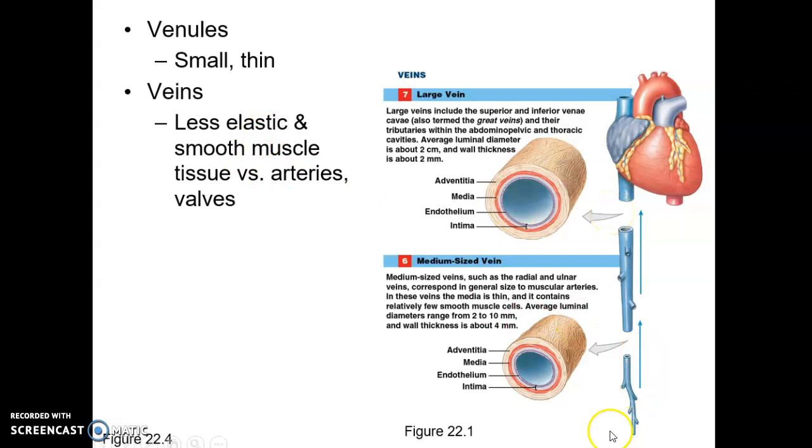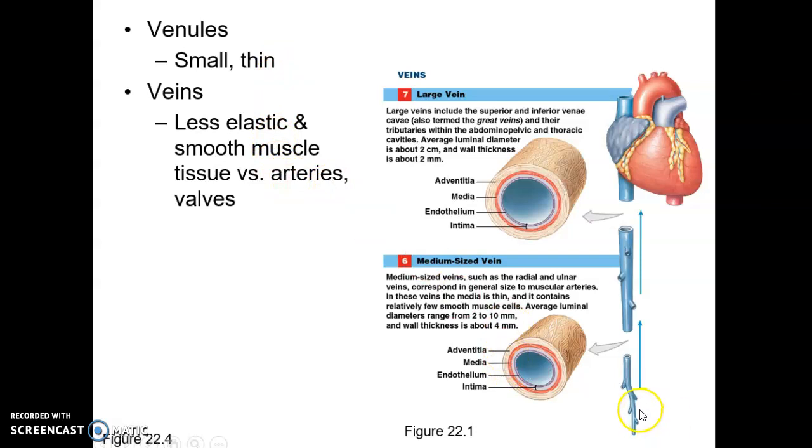So the venules merge into small veins. They have less elastic and smooth muscle tissue versus their corresponding arteries. And again, that's because of the low blood pressure of the blood moving through these veins. So structurally, they simply don't have to be as thick as the corresponding arteries.